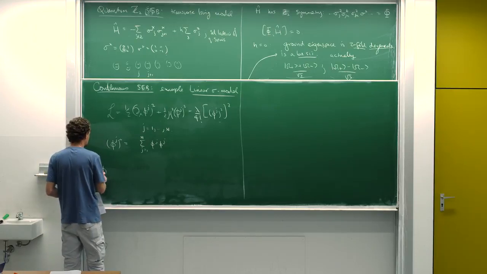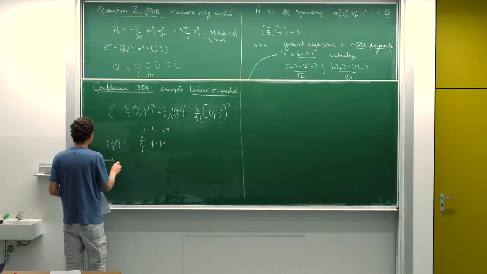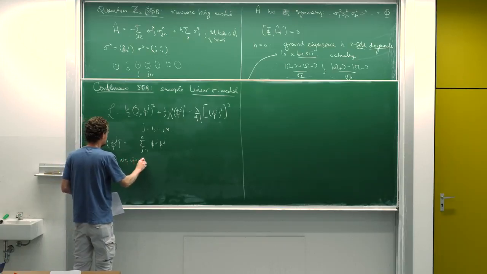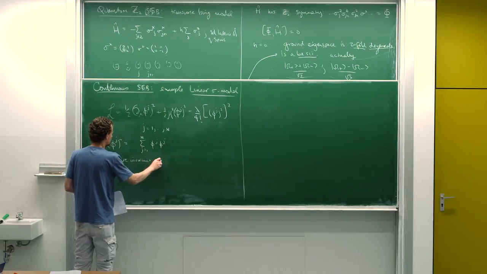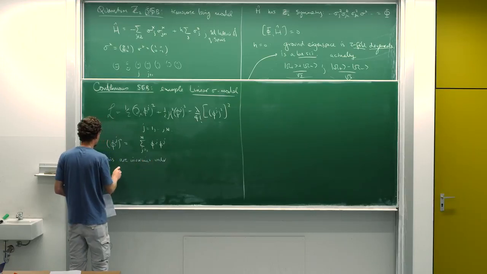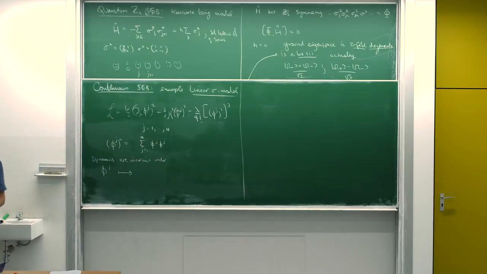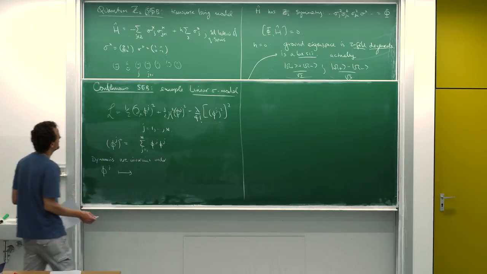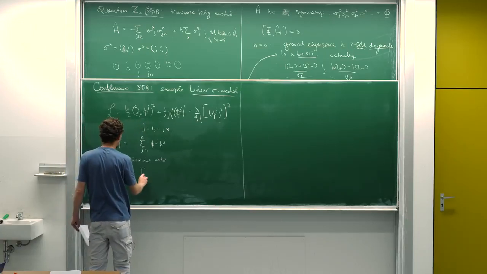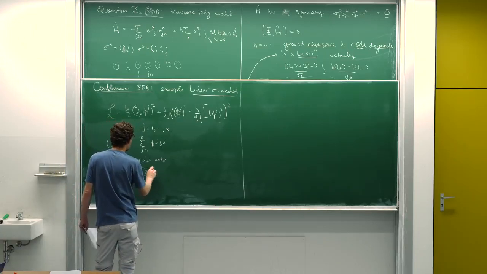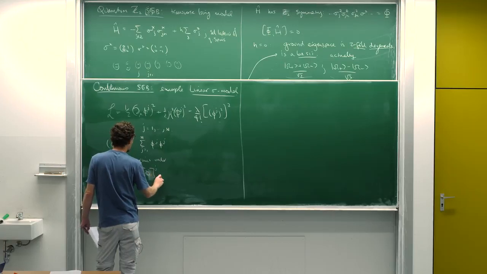So it turns out that if you redefine these fields as linear combinations of each other, then the whole Lagrange density and the Hamiltonian are invariant under orthogonal rotations, like so.